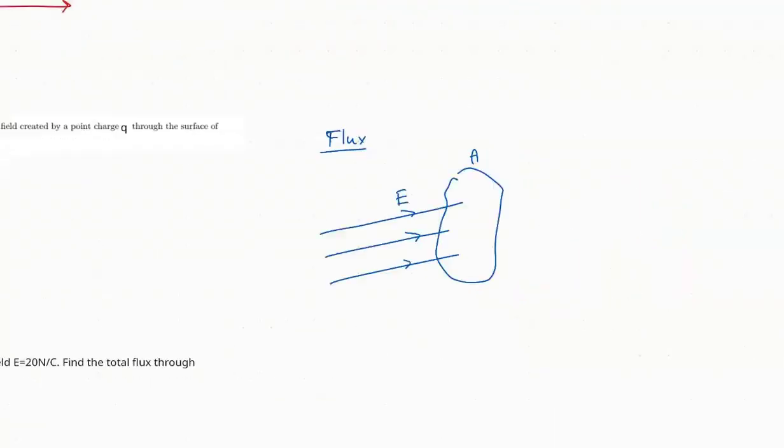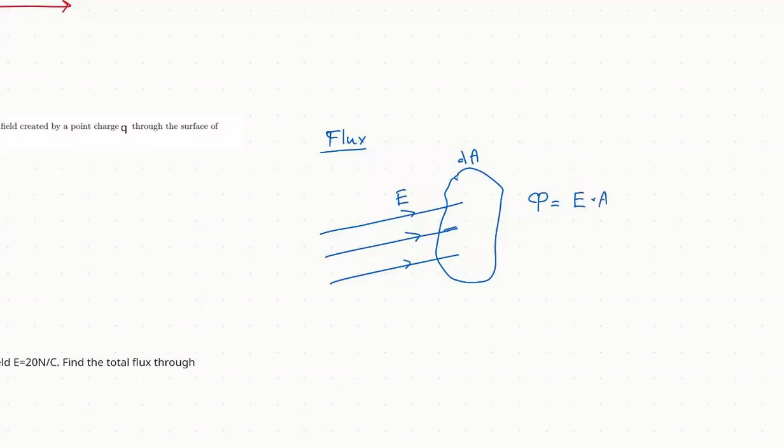Let's consider that this is a small area, let's call it dA. So the flux is equal to the electric field times the area.